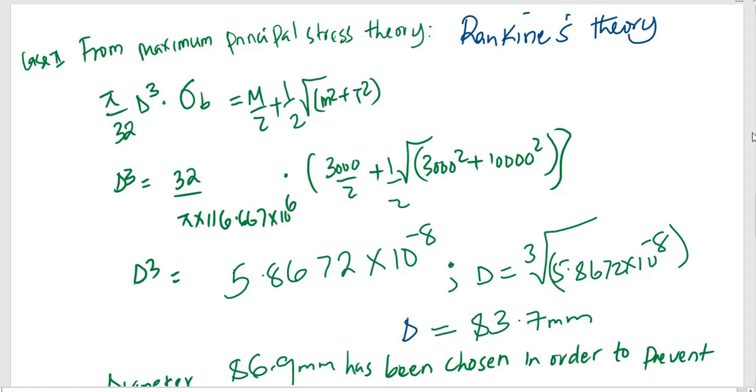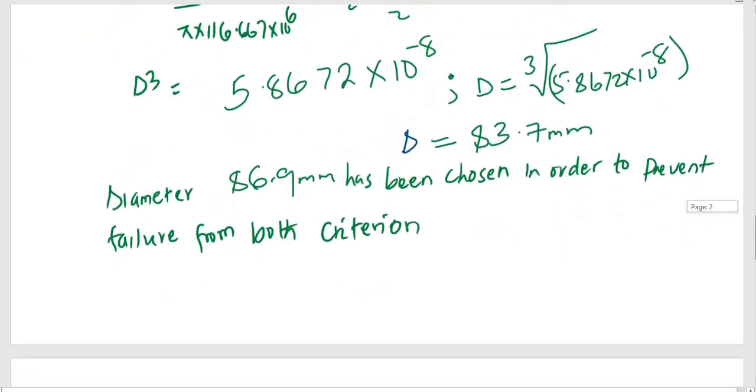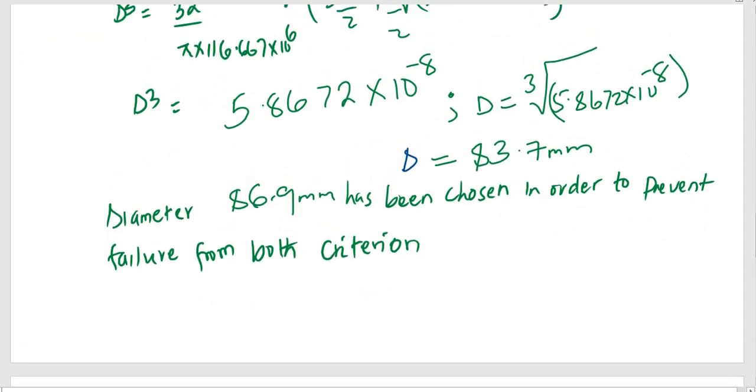Now, considering the two failure criteria, we have gotten a figure of 86.9 millimeters and a figure of 83.7 millimeters. Therefore, we have to take a diameter which is bigger. The larger one is the one chosen to prevent failure from both criteria.